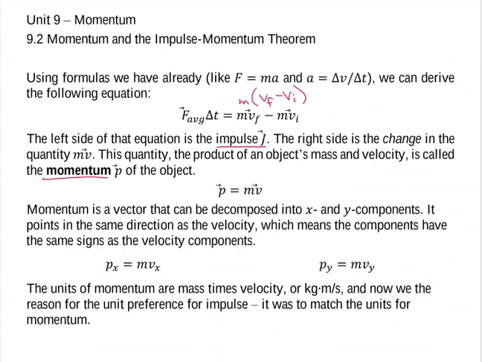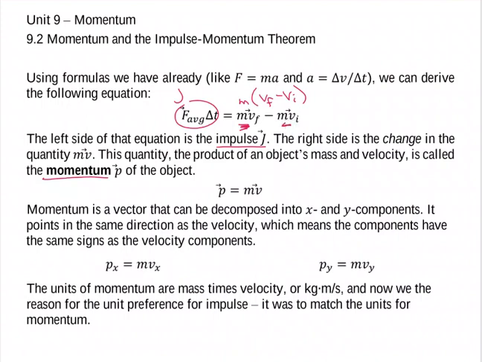Wouldn't that also equal impulse? Because isn't the velocity, isn't that the same? Is that impulse? No. So if F average delta T up here is impulse, and down here we have mass times velocity, which is momentum, but this is really the change in momentum then, if you think about it.